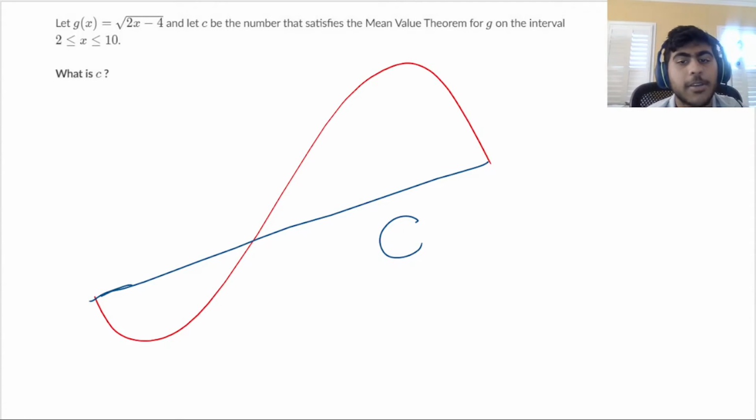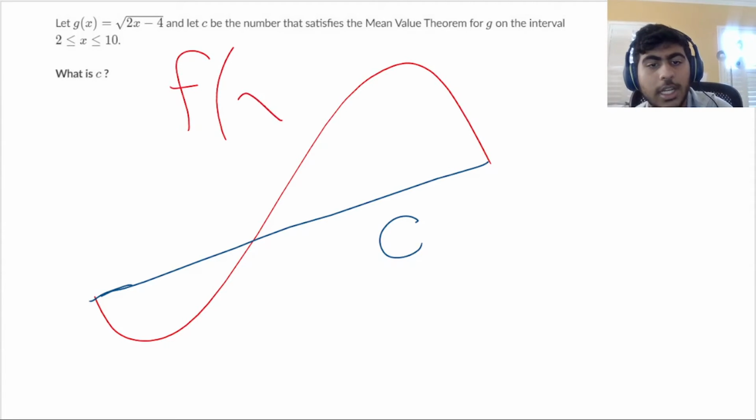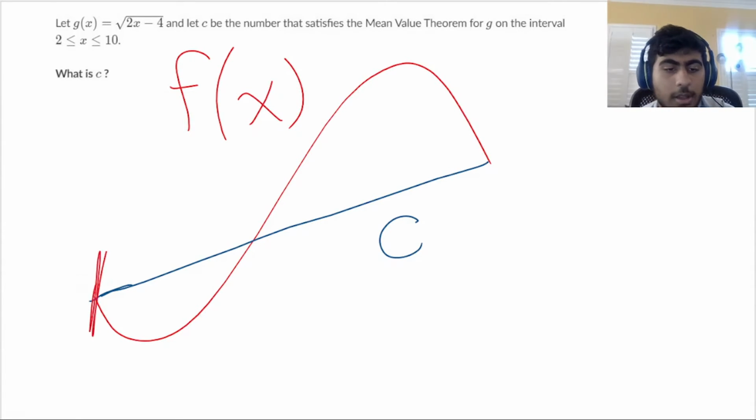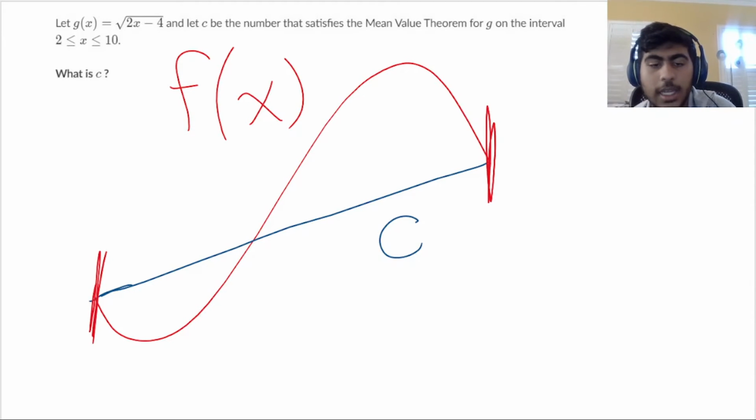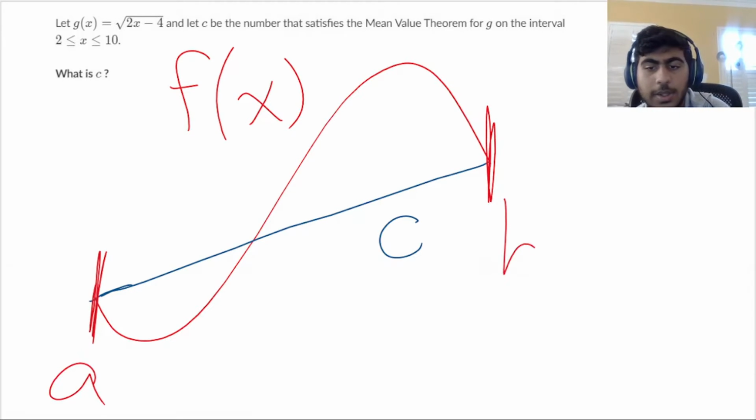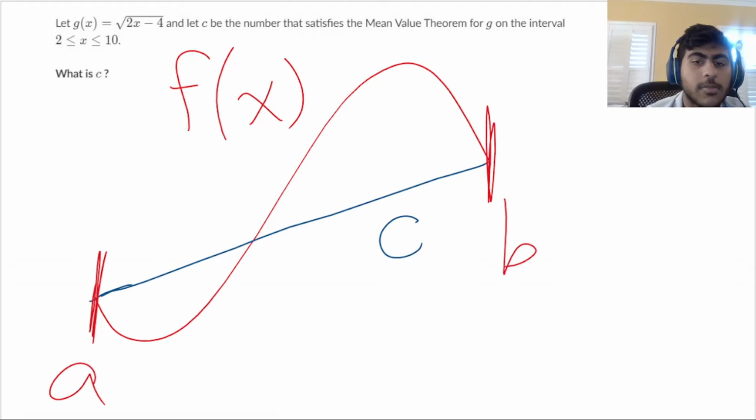Now, the mean value theorem states that if this function, let's call the function f of x, is continuous and differentiable from x equals a to x equals b, and the average rate of change is c, then somewhere along this curve there will be somewhere where the derivative is c.